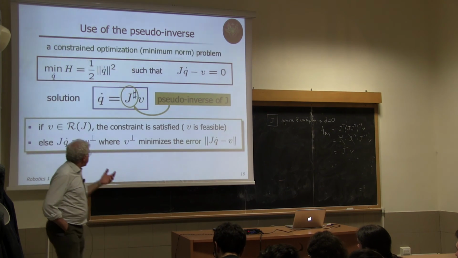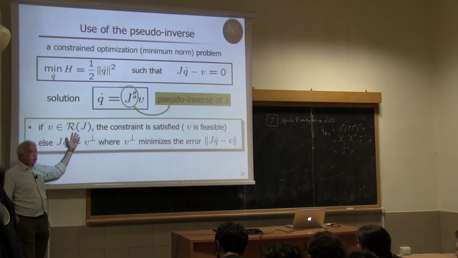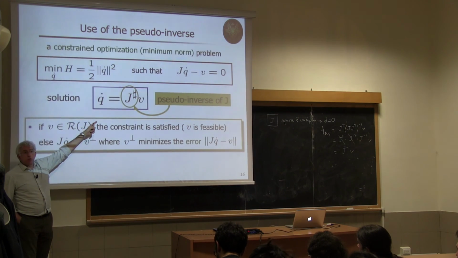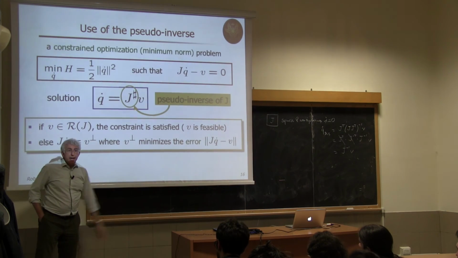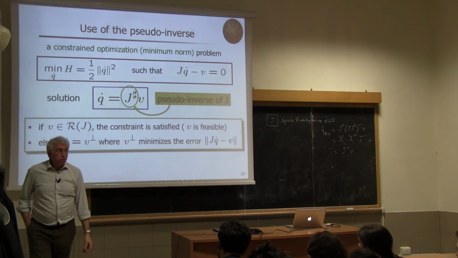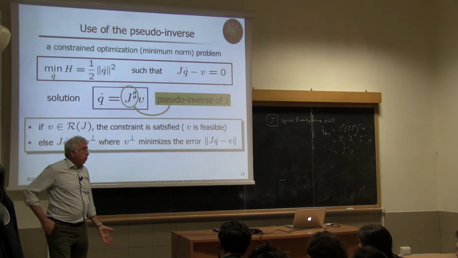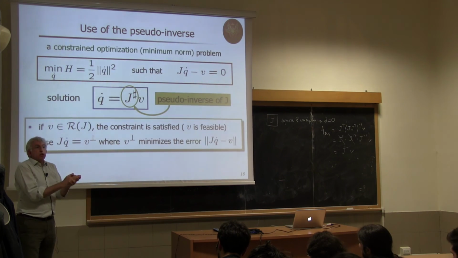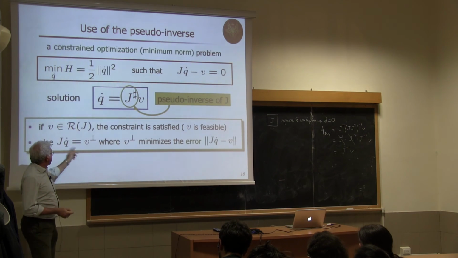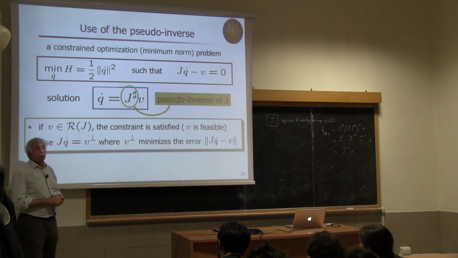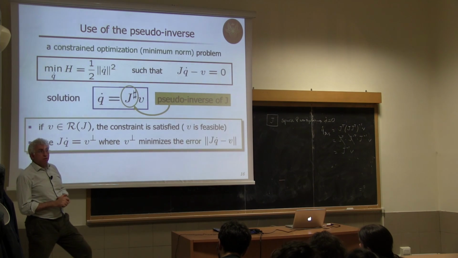Or it does not belong to the range, then this solution, the same solution, automatically minimizes the error J q dot minus v in norm. So it's the closest possible choice to the desired v, just because v does not belong to the range of J.